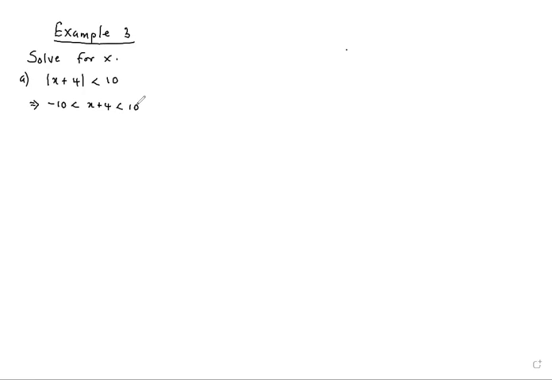So once you move one step, it now becomes a question of example 1, like yesterday, where you take 4 this side, you take 4 the other side. So now it has become -10 minus 4 is less than x, which is less than 10 minus 4. And that is -14 less than x less than 6.